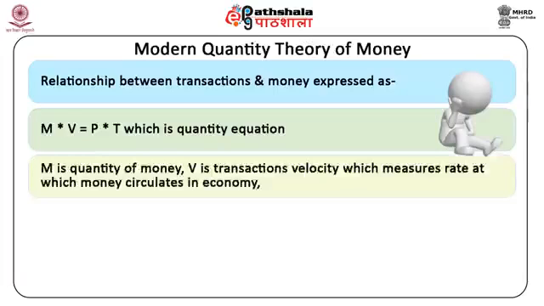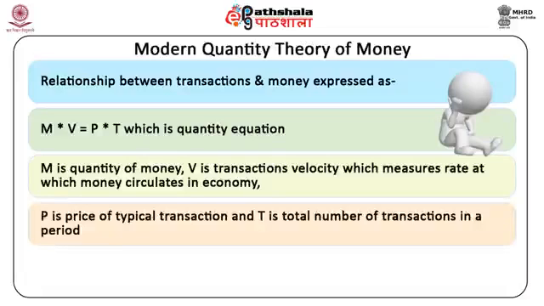In this, M is the quantity of money, V is the transactions velocity, which measures the rate at which money circulates in the economy, P is the price of a typical transaction, and T is the total number of transactions in a period, say 1 year.